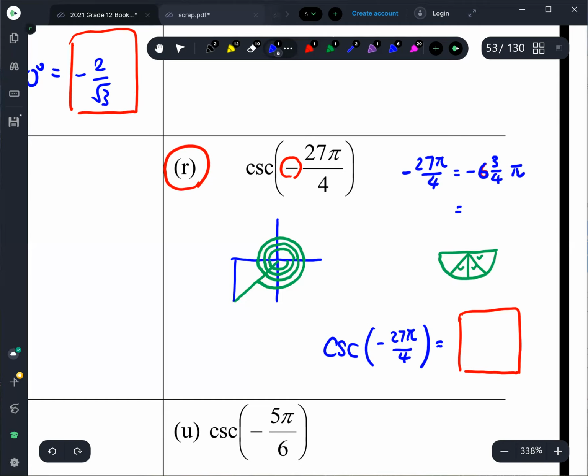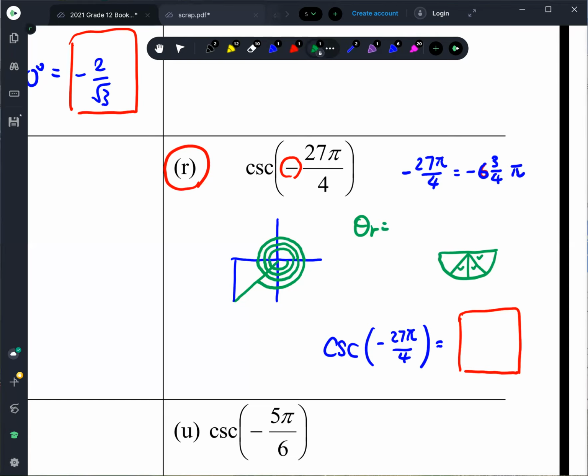All right, step 2, reference. Okay, so the reference angle is the one in the red part, the red dot, which is like the pizza slice there, right? Because you already turned 3/4, right? So the leftover remaining slice.